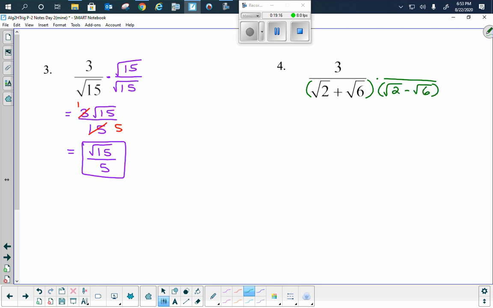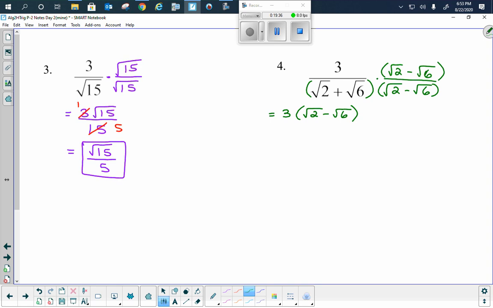Whatever I multiply by on the denominator, I've got to do in the numerator, so that I'm really only multiplying by 1, because they cancel out. All right, so here we go for simplifying then. I'm going to have 3 times this quantity of root 2 minus root 6.